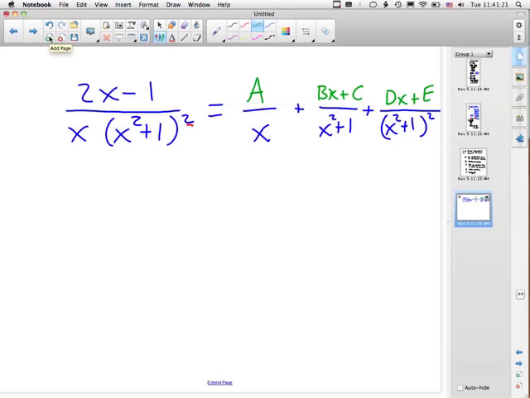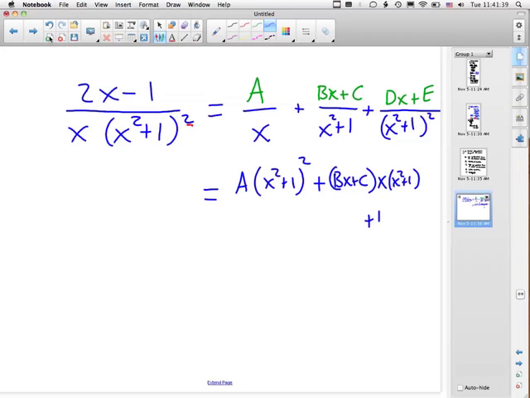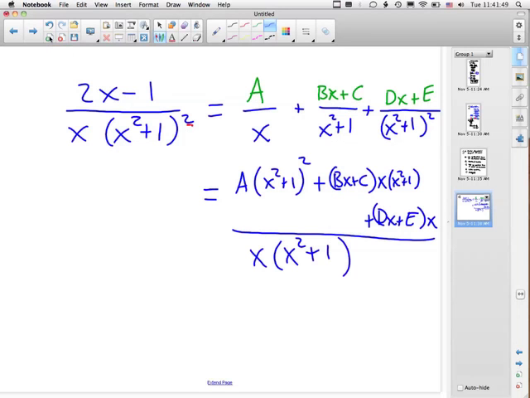Okay, now we have to combine the like terms. So a has to be multiplied by x squared plus 1 squared. The bx plus c has to be multiplied by x squared plus 1. And the dx plus e just has to be multiplied by x. And all of that is over our x times x squared plus 1 squared.